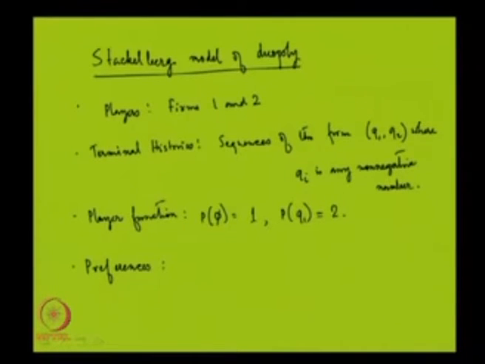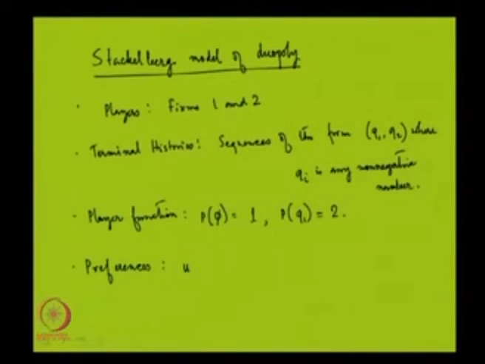Preferences. What is the thing that the two players want to maximize? Obviously, they want to maximize their payoff functions, and the payoff functions are nothing but the profit functions. How do I write that? Suppose I want to write the payoff or the profit of firm i, then it is the output produced by that firm multiplied by the price.